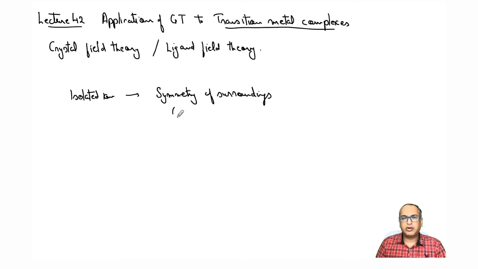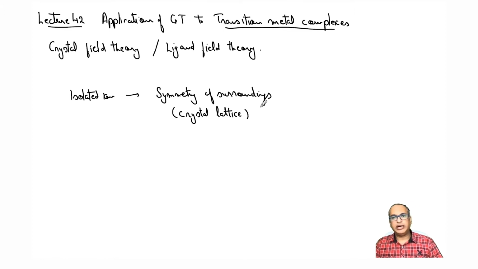The symmetry of surroundings is created basically by the crystal lattice in which that particular ion is sitting, right? So the crystal lattice will define the symmetry of the surrounding. In what orientation different ligands are coming in, what kind of field is generated by the crystal, so that will dictate the symmetry of the surrounding.